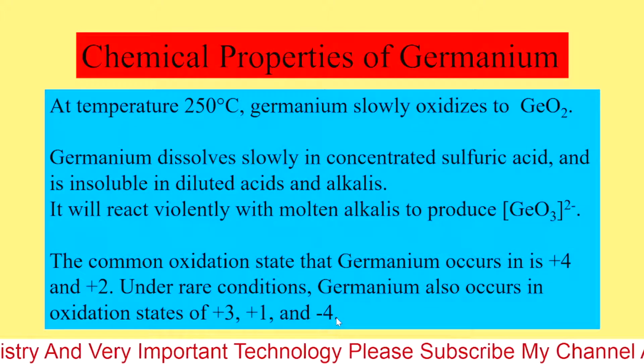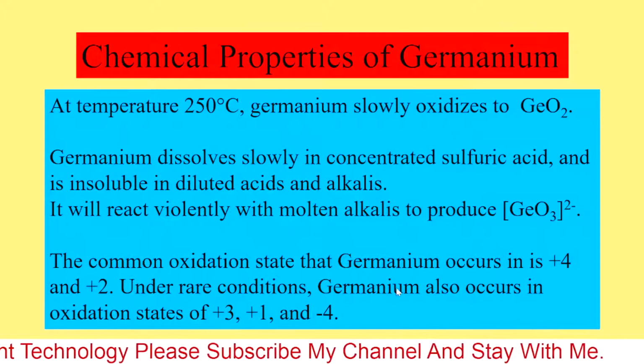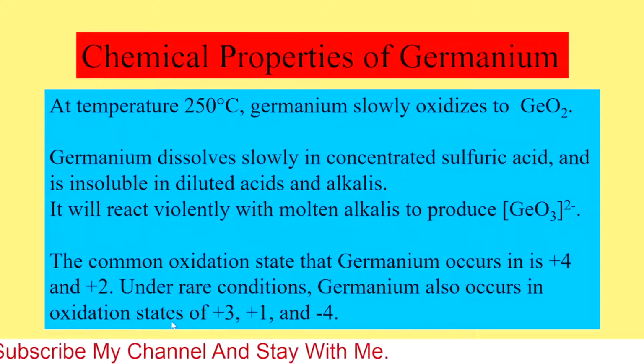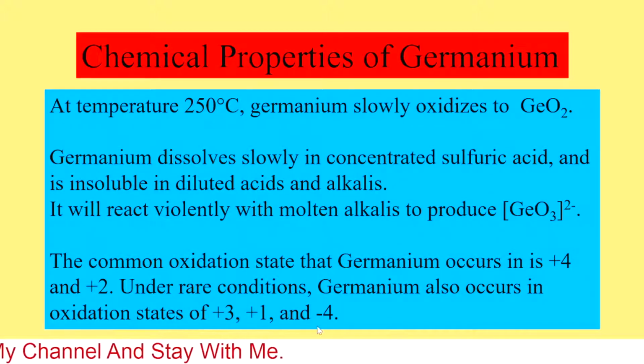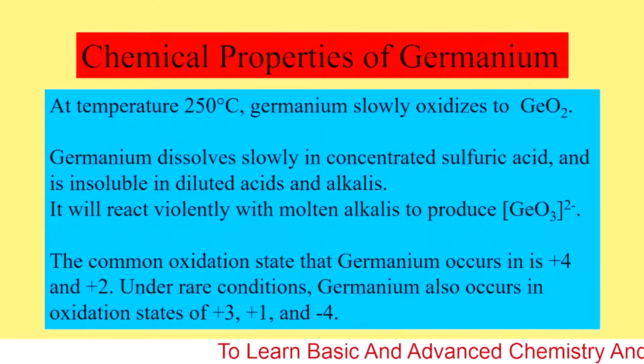That is also possible, but not very often. So we are not going to show you the compounds where we can get the oxidation states +3, +1 or -4. We just consider the oxidation states of germanium dioxide and germanium monoxide. So the oxidation state of germanium is mostly +4 or +2.